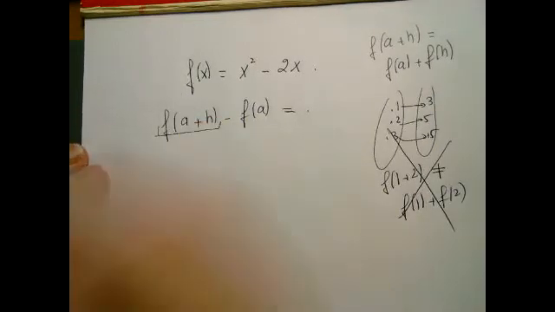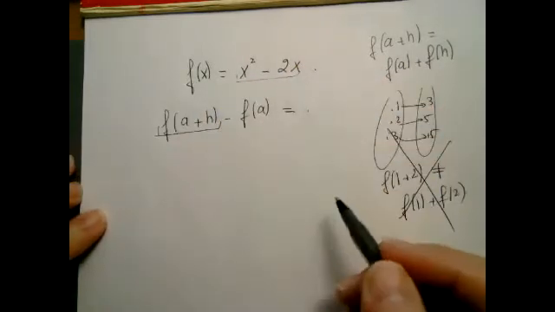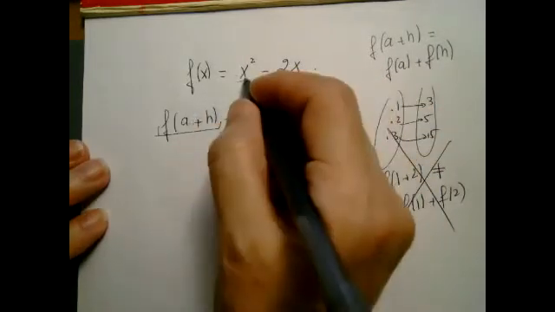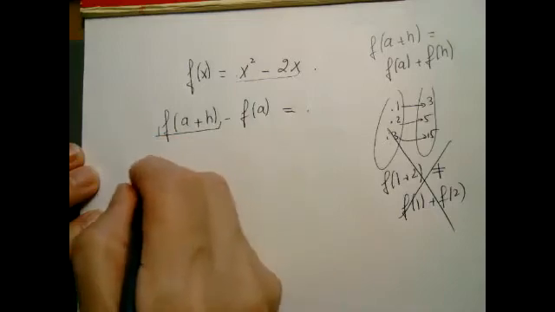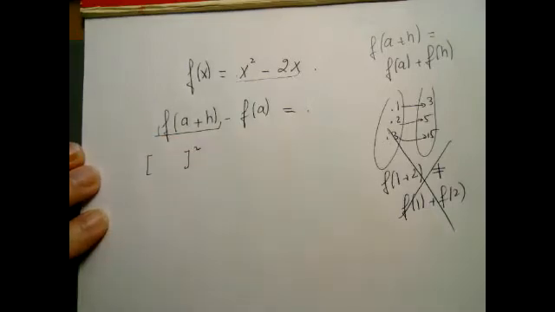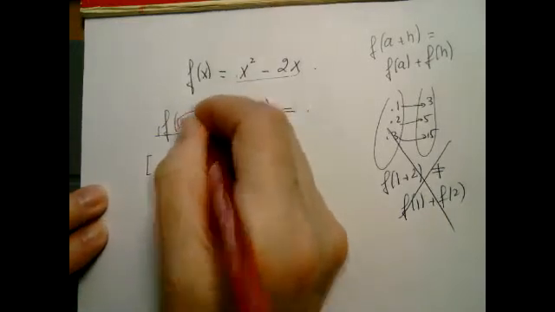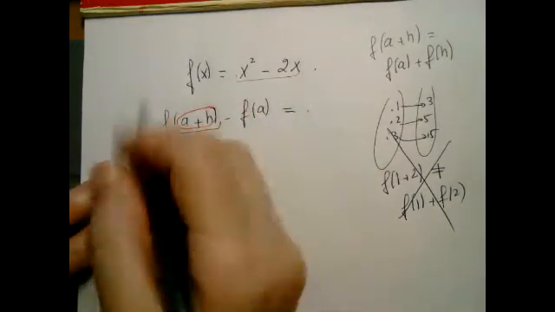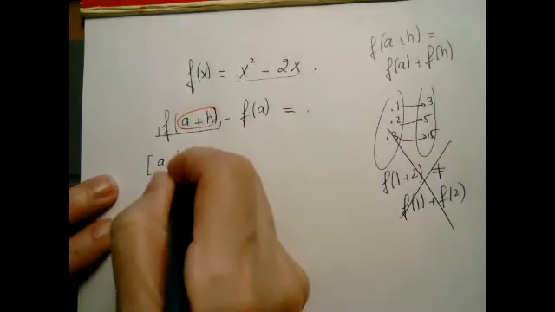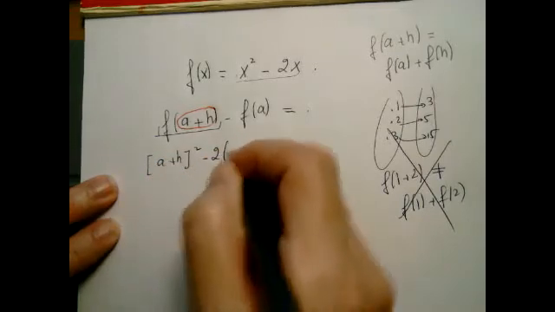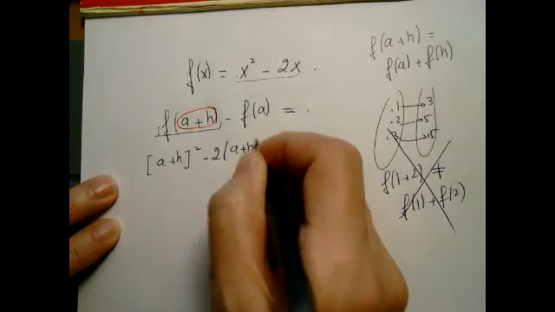So how do we do that? When we analyze what the function does: it takes an input, and it's squared. My input here is A plus h. It takes that input, squares it, minus 2 times the input.